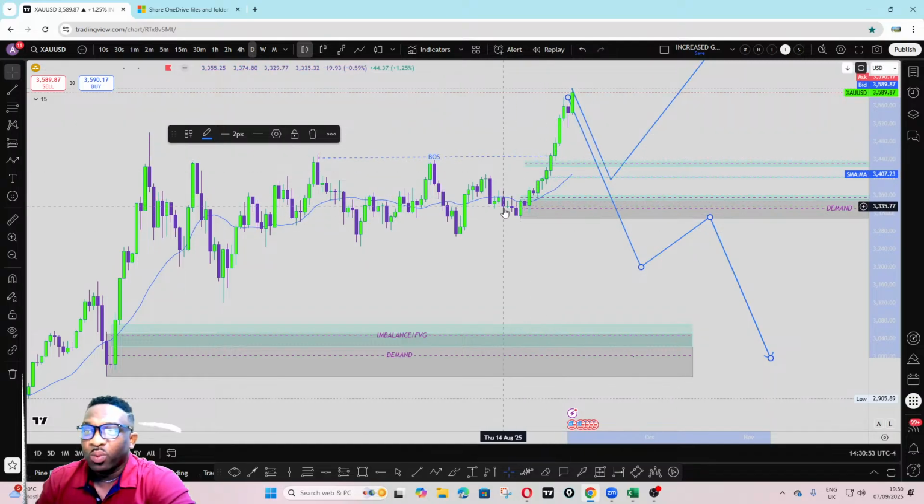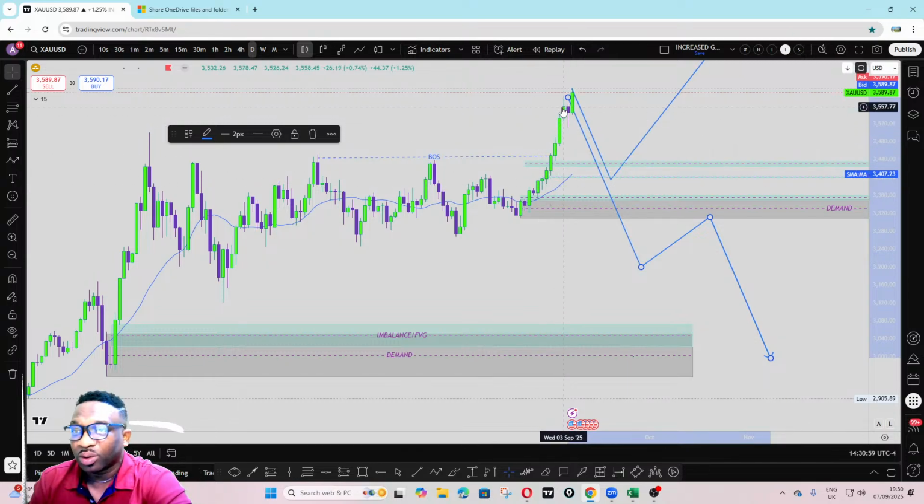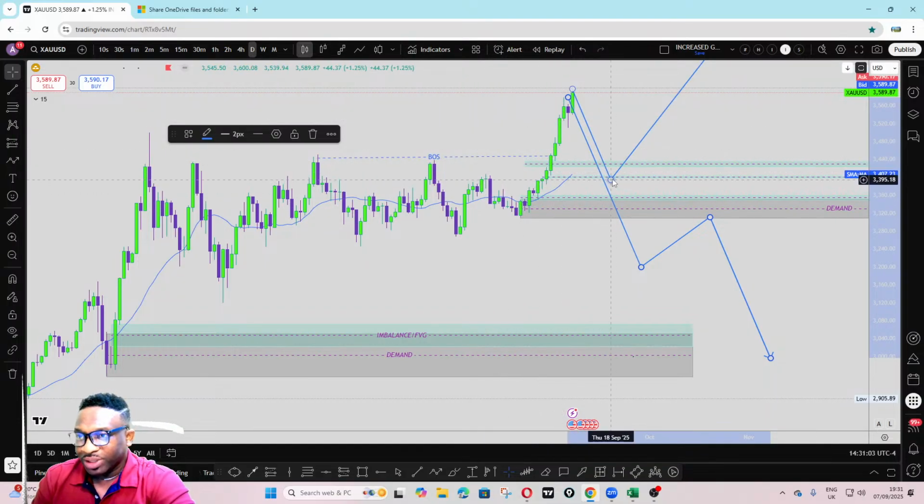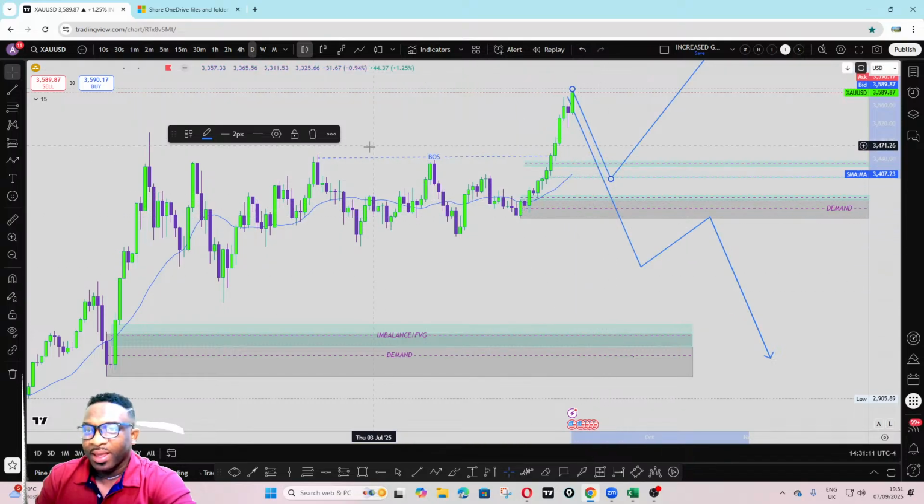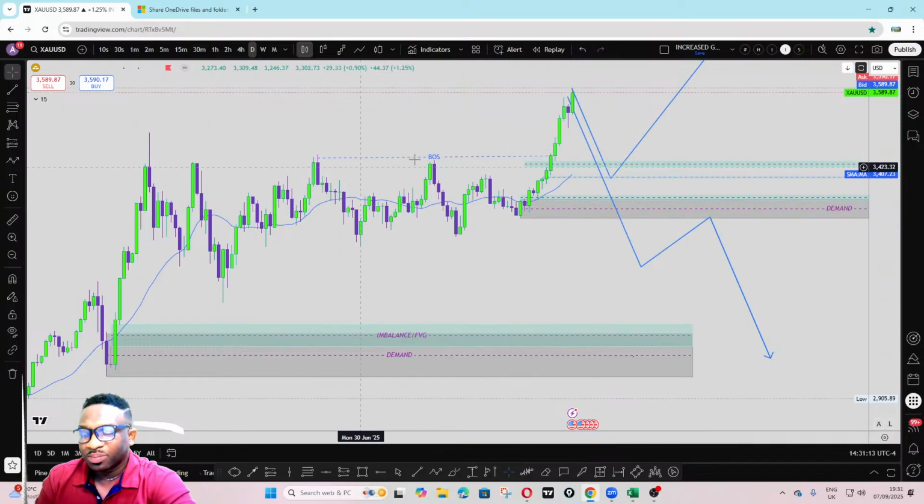But over here we have a full body close showing the strength of the bias. So it could be a continuation trend. So with this scenario, we could have price pushing up to continue the trend, or coming back to the downside.